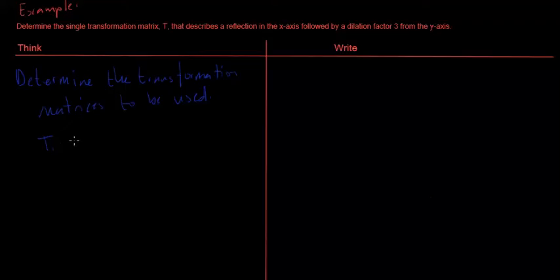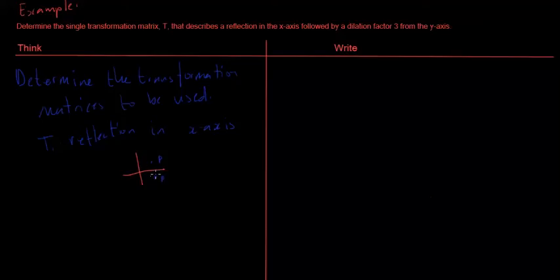So T1 is a reflection in x, and let's just try and think our way through this. Alright, so if we're reflecting in the x-axis, we might think about having an initial point that is here, and if it's reflected about this axis here, then the final point will be here. So therefore that would be p, that would be p dashed, so we'd have the same x-coordinate but a different y-coordinate.